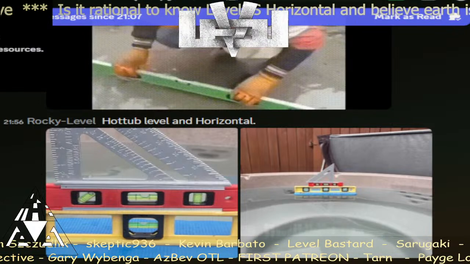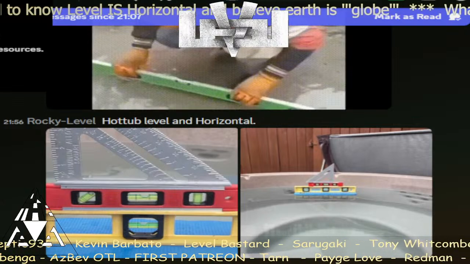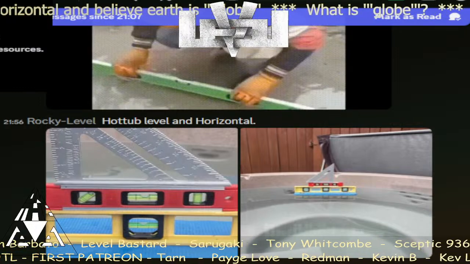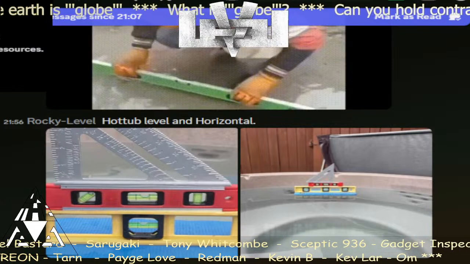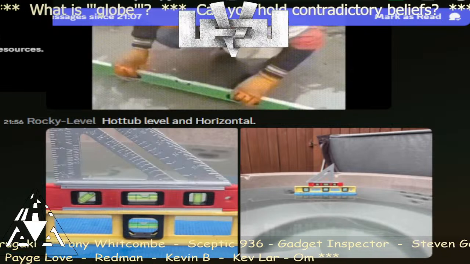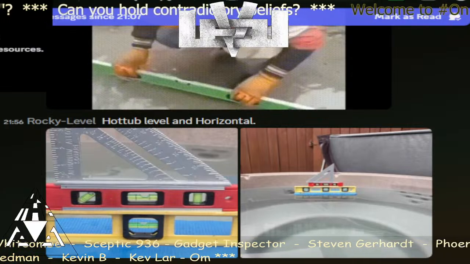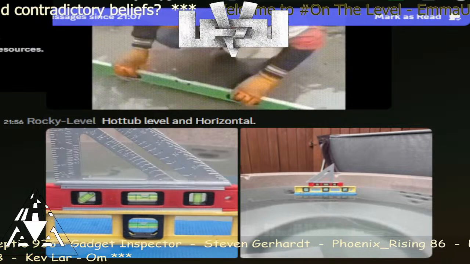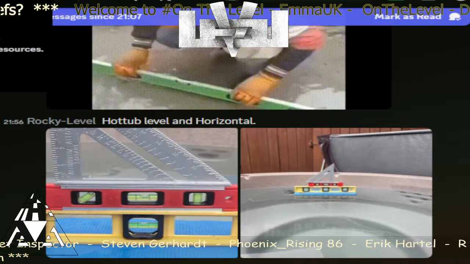Where I live, Tom, there's a 10-meter difference between high and low tide. Don't get confused between the vertical level and the horizontal level.